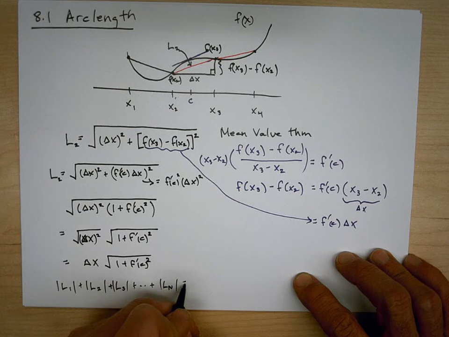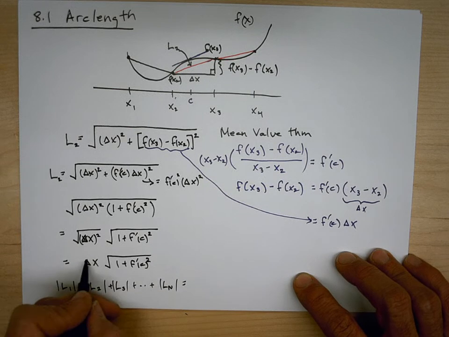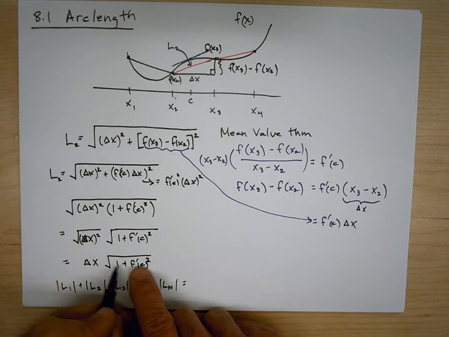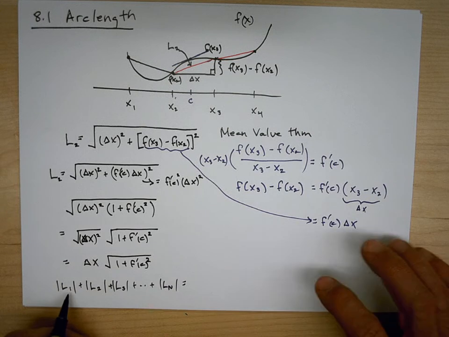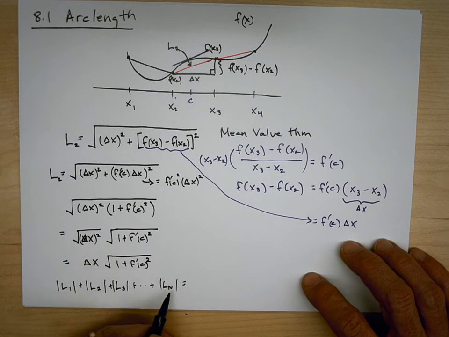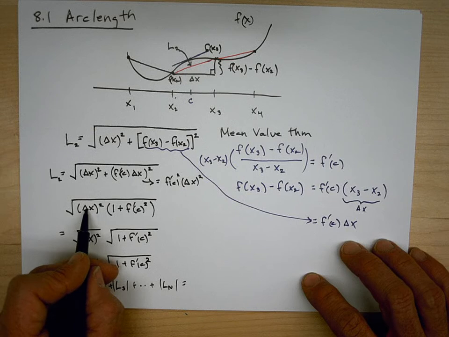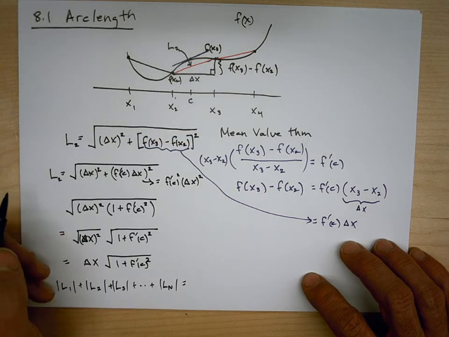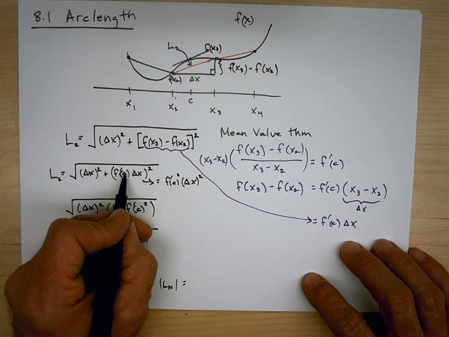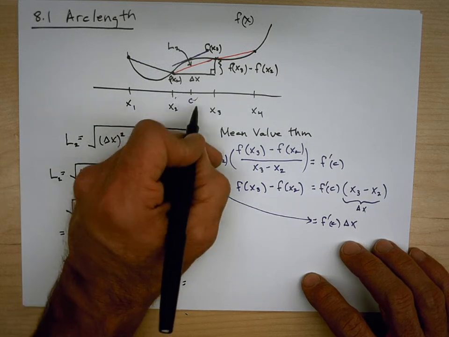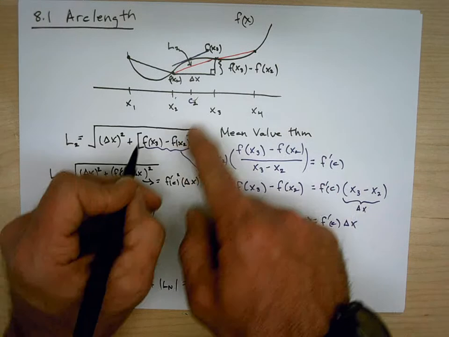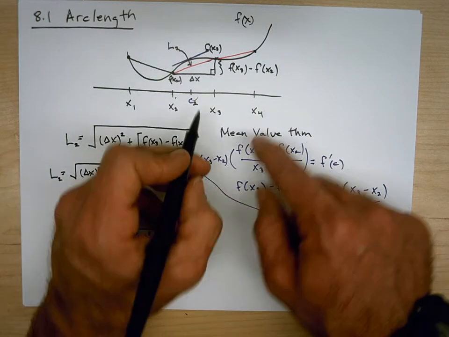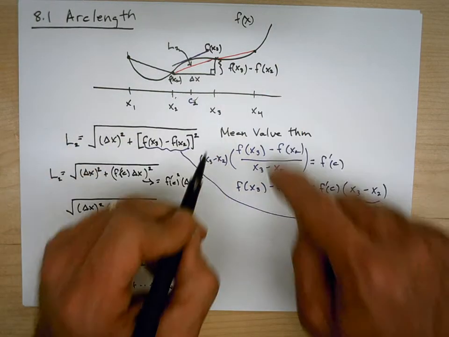All right. Well, that is going to be the sum. So each one of these is going to look like this, except we're going to have some kind of a subscript on there, right? So really this would have been delta x1, or in this case actually delta x2, and this would have been f prime c sub 2, because we could call this c sub 2 because it's in the second interval, and there'll be a c in the first that we would call c1, and we'd do one in the third interval that would be c3.